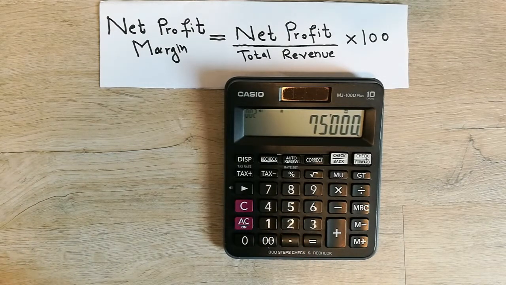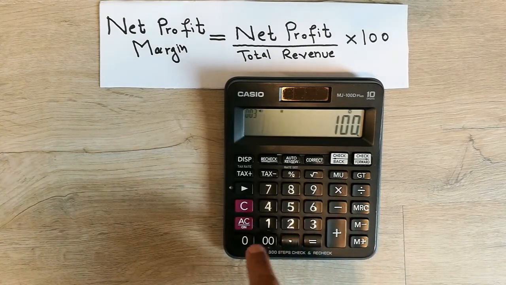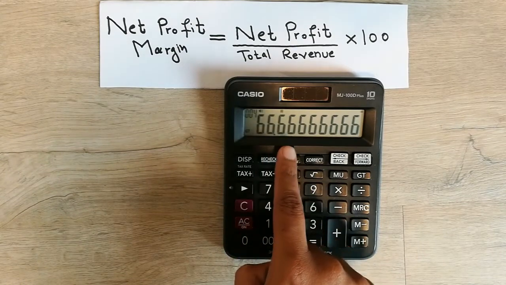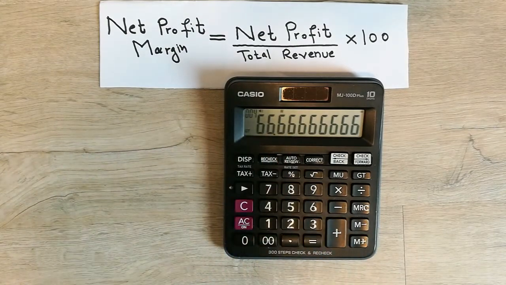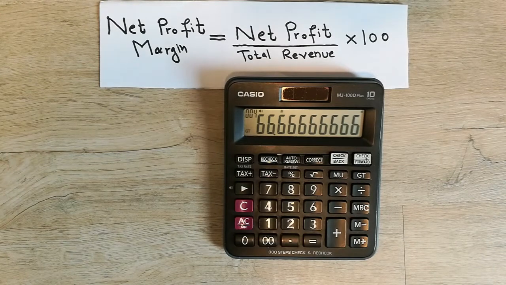Then we multiply by 100, and 66.66% is the net profit margin. Net profit margin is always in percentage form. So this is how we find out the net profit margin.